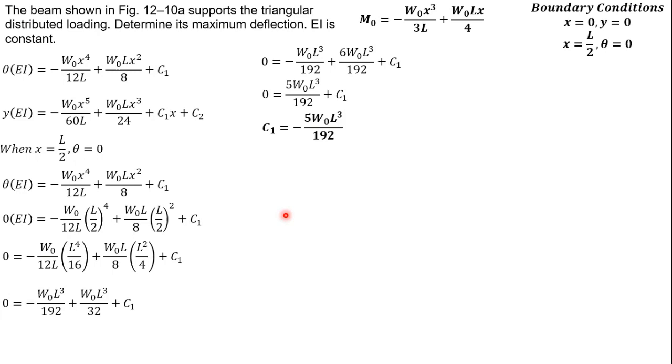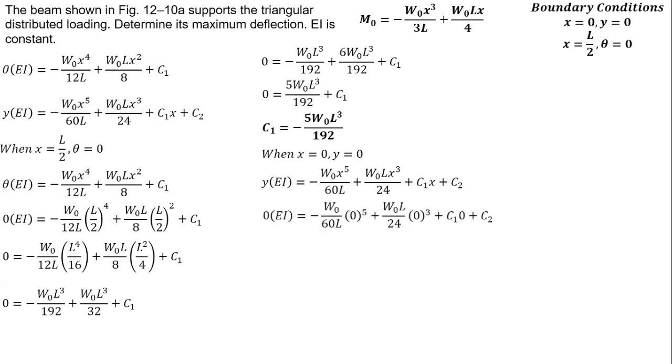Pwede natin gamitin yung isa pang boundary condition para naman makuha natin yung C2. So when x is equals to 0, y is equal to 0. Gamitin natin dito yung deflection equation natin na y times EI is equals to negative W0 x to the fifth divided by 60L plus W0 L x cubed divided by 24 plus C1x plus C2.